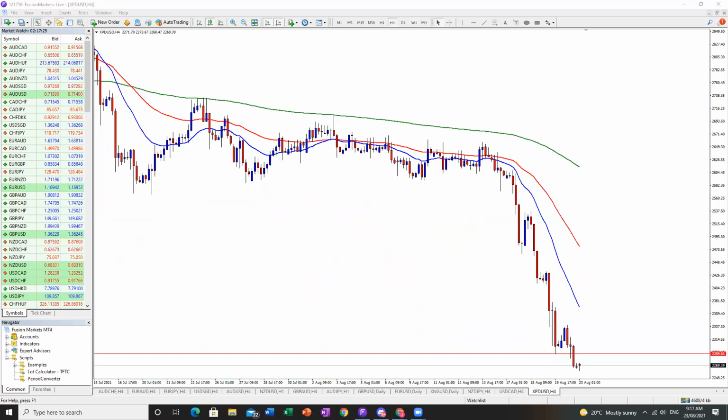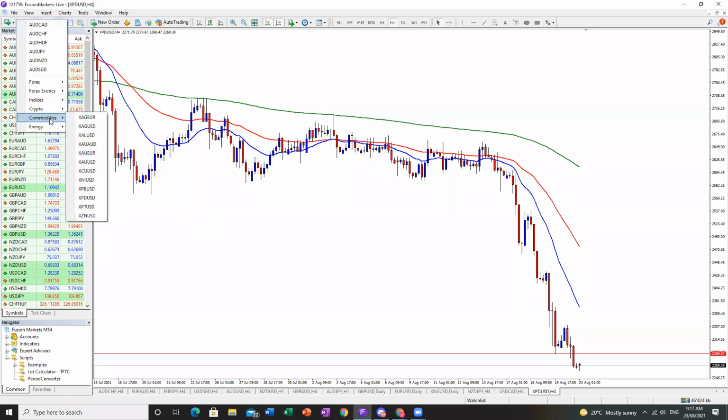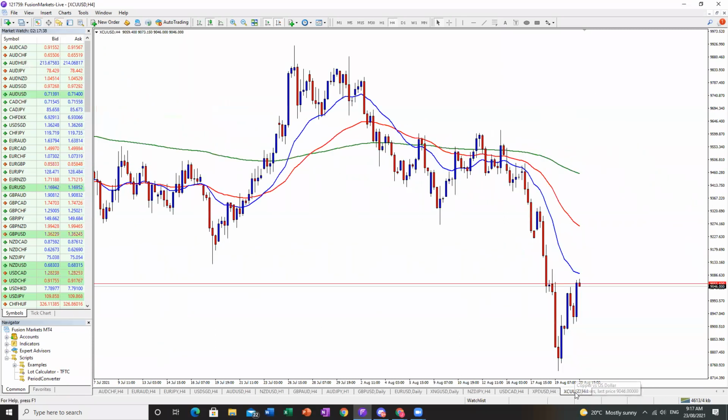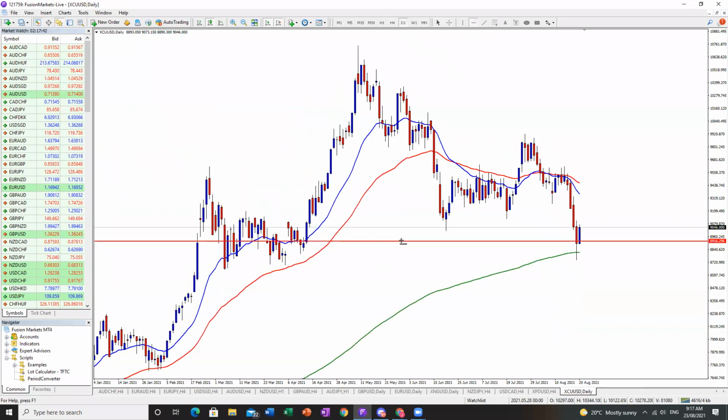Peter, you have your hand up. Copper. What's the symbol for copper again? Is it XCU? Yeah, XCU. Okay.